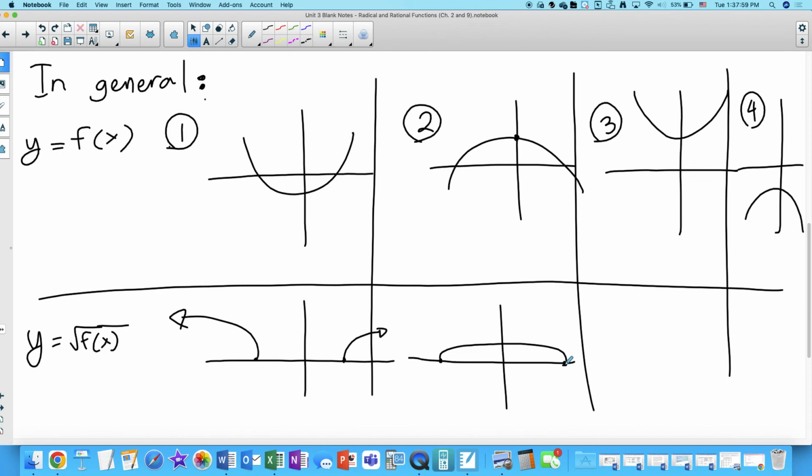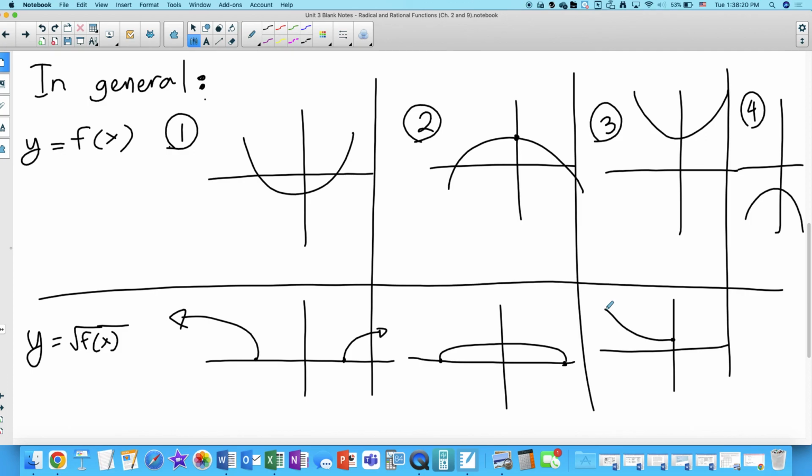In this kind of scenario, where the original function is above the x-axis, the radical function will be defined everywhere. But it'll look actually like another quadratic, but sort of lower and wider, right? So this guy's going to look more like this.